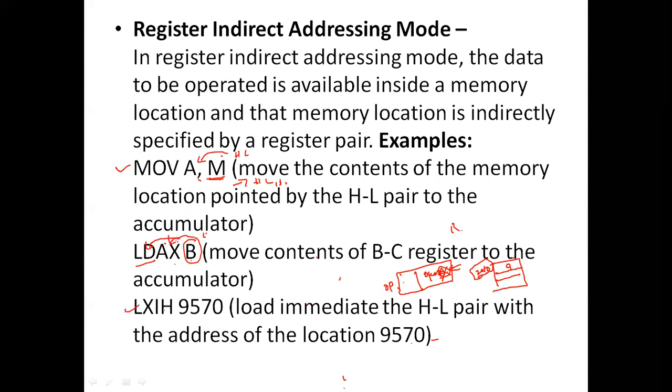And next one is LXI H, 9570. Here what we are telling is load immediate the HL pair with the address of the location 9570. So this is how the register indirect addressing mode works. Directly we are not specifying, indirectly we are specifying a particular register. So that is the register indirect addressing mode.